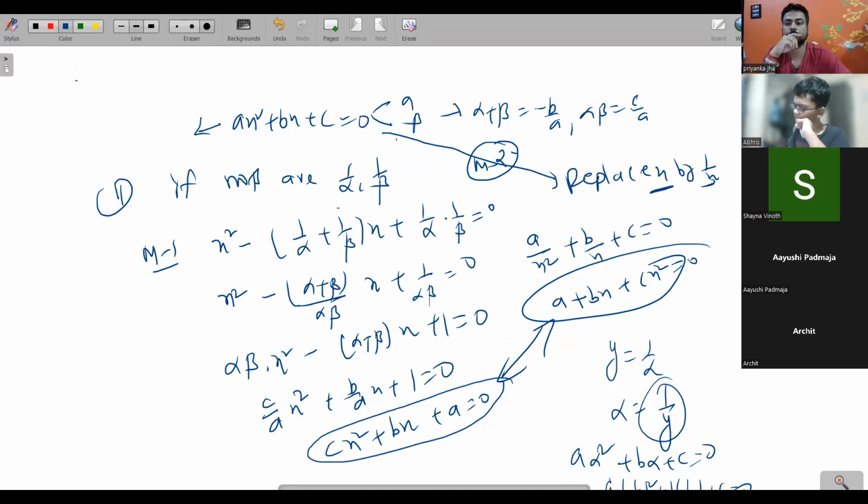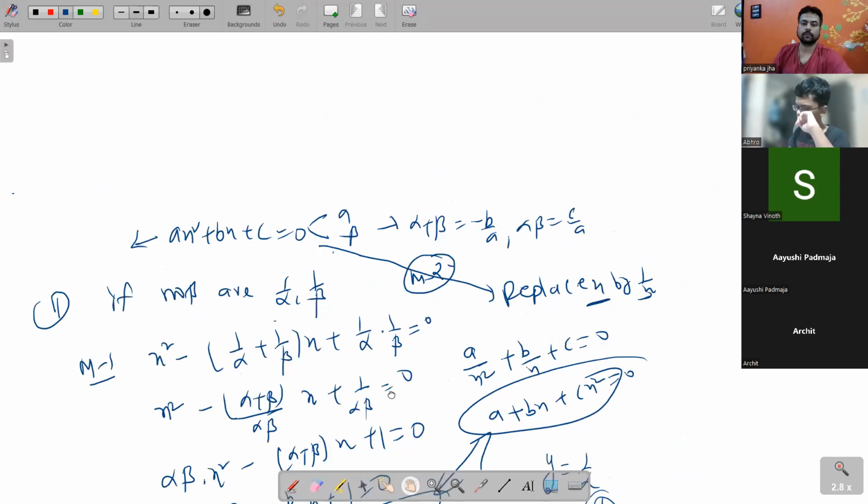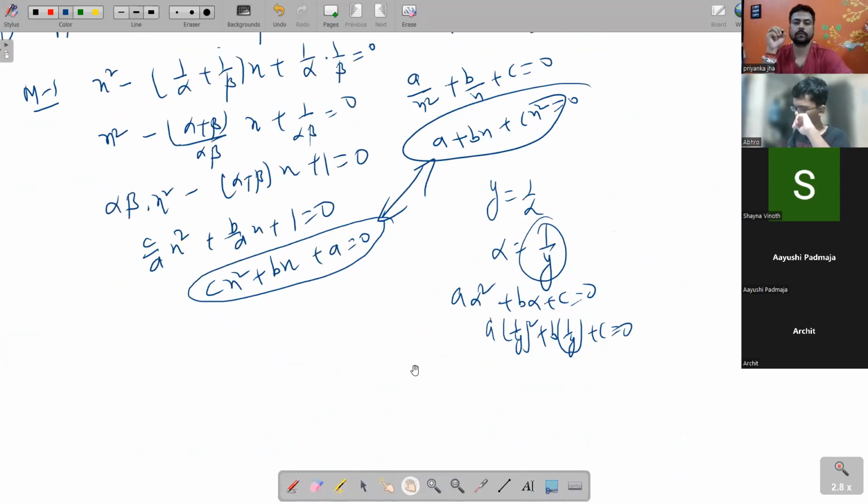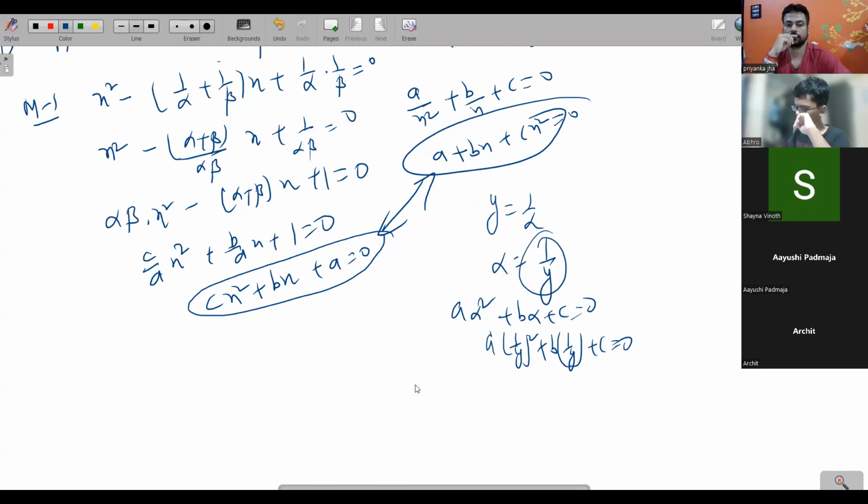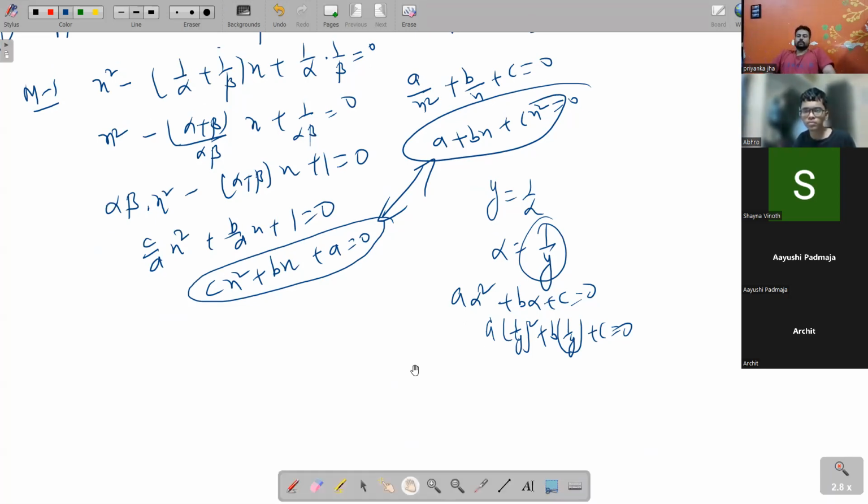Can you scroll a little bit to the bottom? So from here, how do we get the equation? How do we get cx squared?